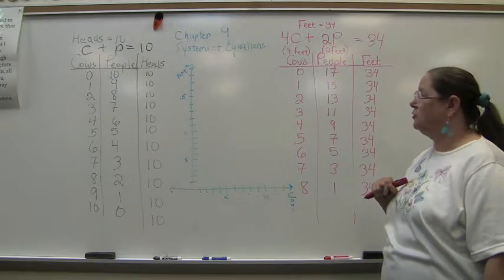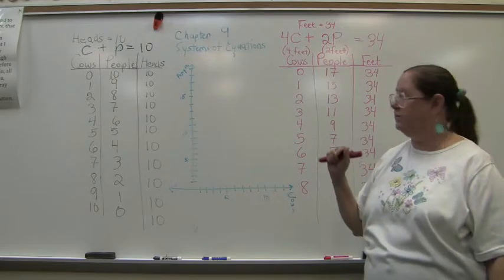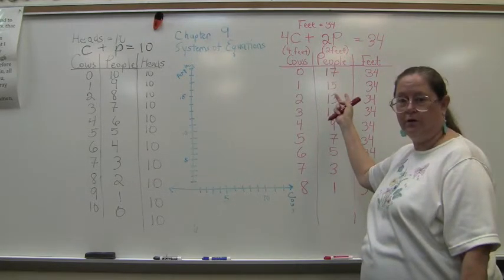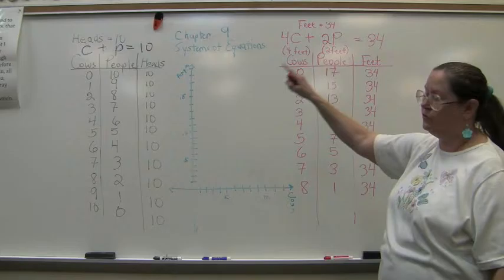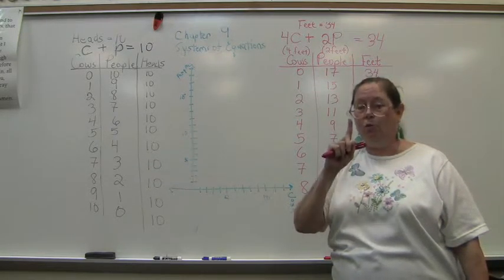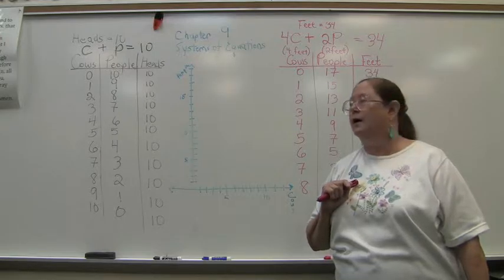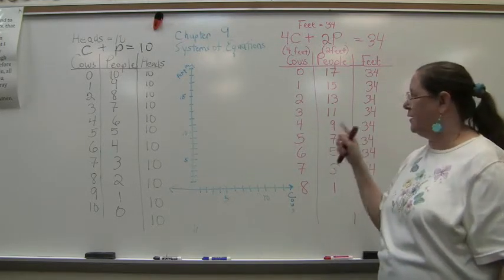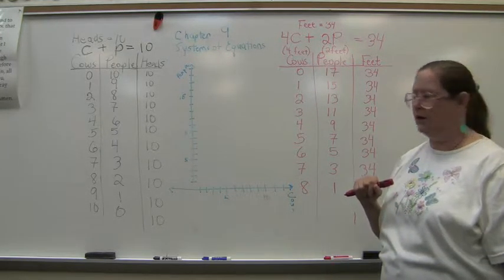Okay? What you're going to learn in Chapter 9 is that if you have 2 variables and 2 equations, then you're going to come up with usually 1 answer. Okay? There are 2 exceptions to that, but for right now we're just going to worry about finding our 1 answer.